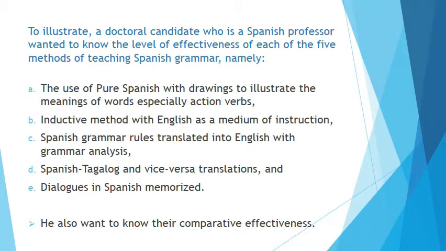To illustrate, a doctoral candidate who is a Spanish professor wanted to know the level of effectiveness of each of the five methods of teaching Spanish grammar, namely the use of pure Spanish drawings to illustrate the meanings of the words, especially action verbs, inductive method with English as a medium of instruction, Spanish grammar rules translated into English with grammar analysis, Spanish-Tagalog and vice versa translations, and dialogues in Spanish memorized.